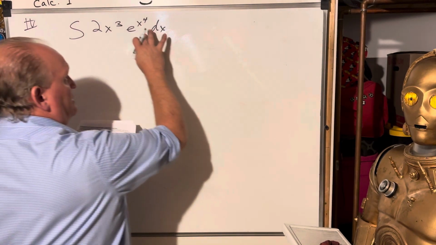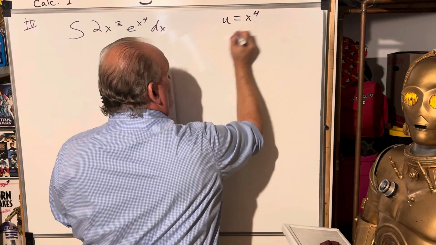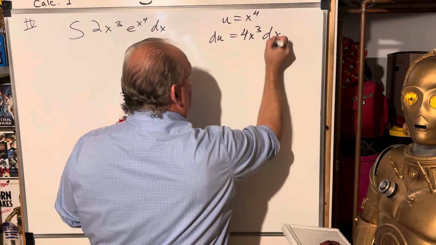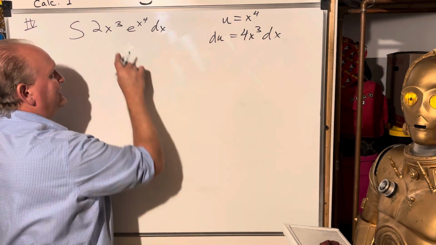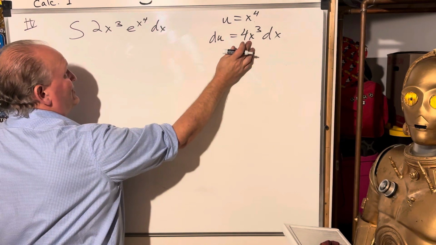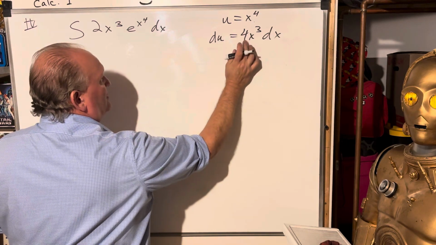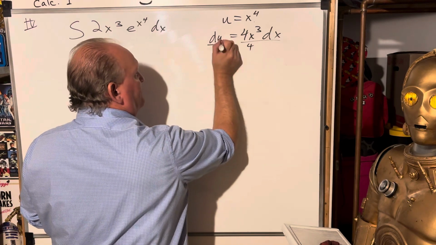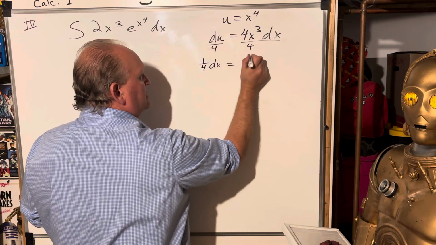So again, let's go with u as the power on the e, x to the fourth. So du is 4x to the third dx. And now let's examine and see what we got. Well, we don't have quite that. We got the x to the third, and we got dx, but we don't have a 4. So let's divide out that 4. So we got 1/4 du, and now we got x cubed dx.